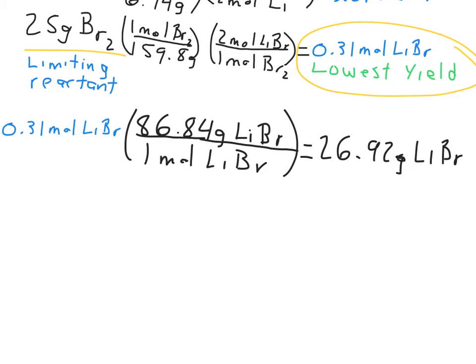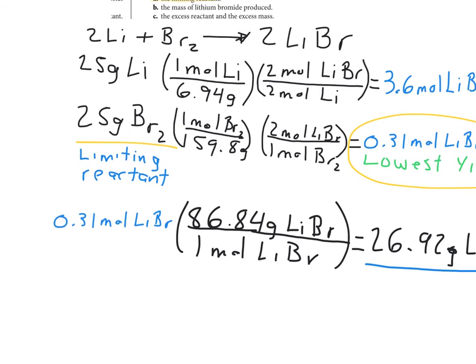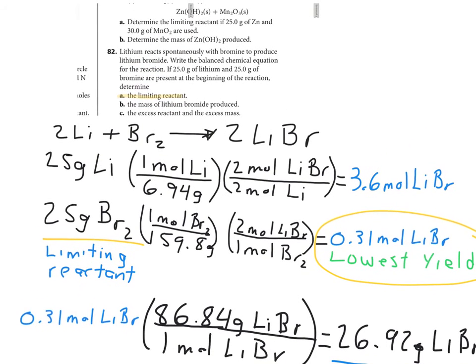This is the mass of the lithium bromide produced. Now we have done the letter B, the mass of lithium bromide produced.